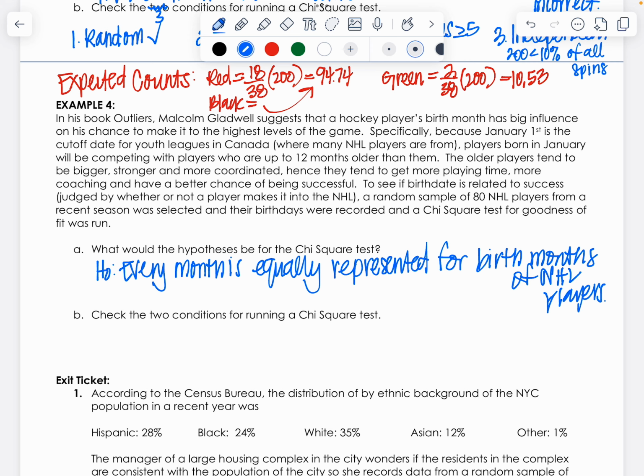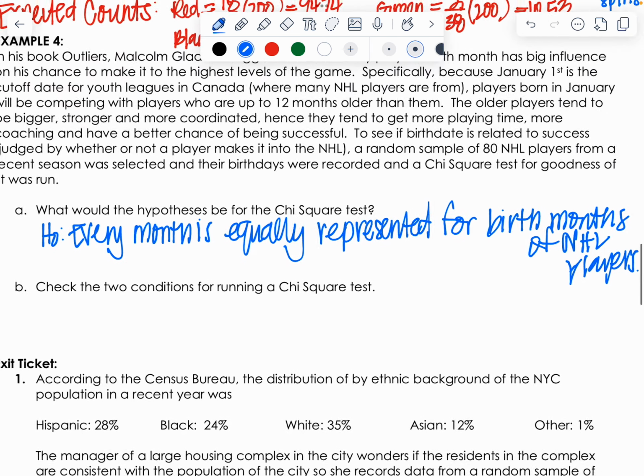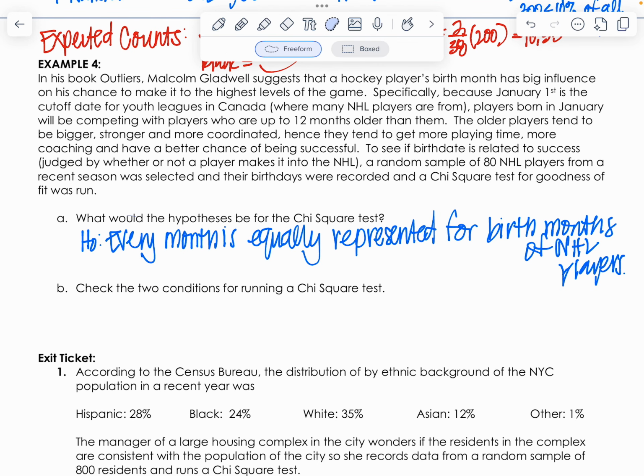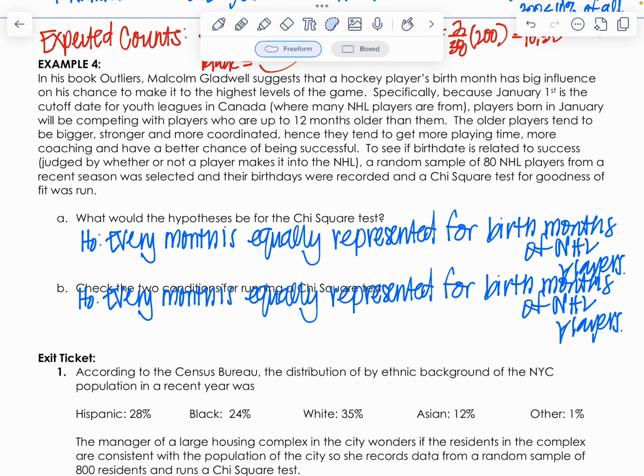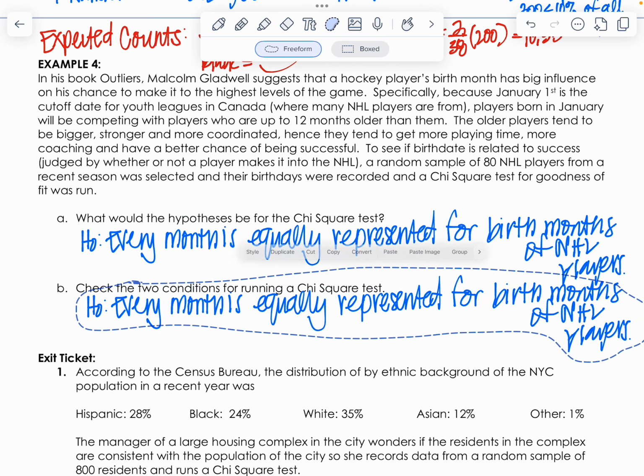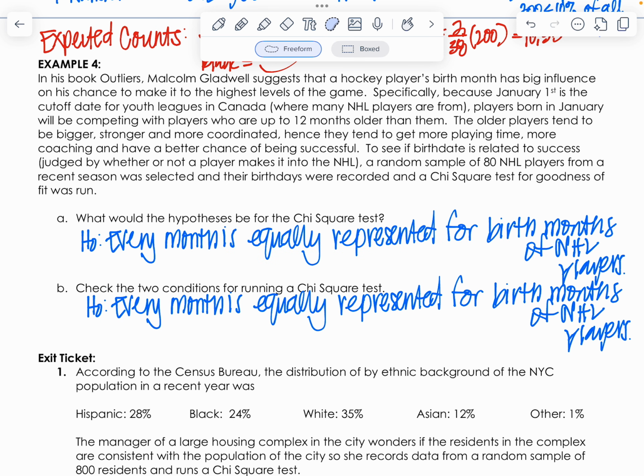Then the alternate would be the exact same. I'm going to run out of space, aren't I? Yikes. I'll just write it and then shrink it down. Would be not equally.